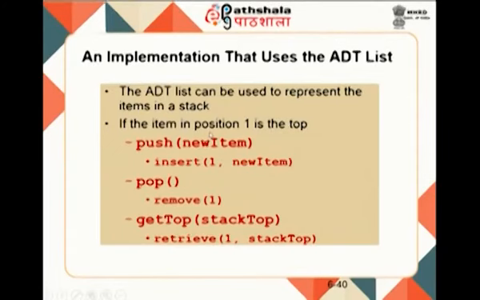So, if the first item in position 1 is the top, then push new item is insert 1 comma new item. Insert, remember, is a list ADT operation. And then pop is remove 1, remove the element at the top of the stack. Get top is retrieve 1 comma stack top. We are assuming insert, remove and retrieve are available to us as list operations.